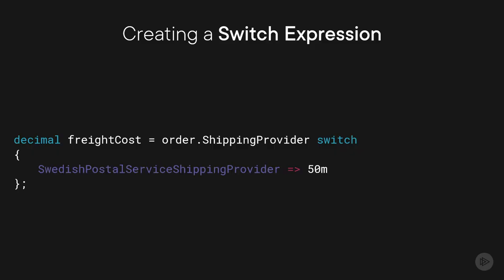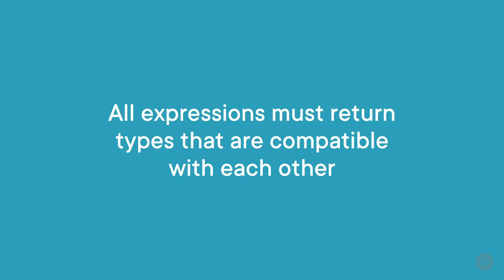Each case consists of a pattern and an expression. The expression has to return a value. All expressions need to return types that are compatible with each other, or that define an implicit conversion. For example, one case can't return an integer, while the other returns a string.